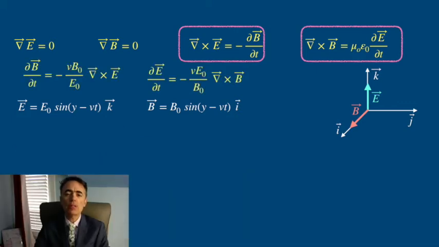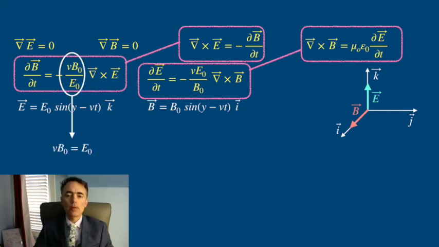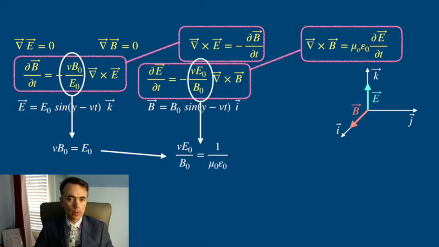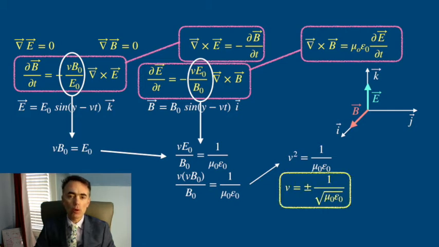We find that the condition that has to be satisfied so that these harmonic waves satisfy Maxwell's equations is that E naught equals v B naught. Which together imply that v is plus or minus 1 over the square root of mu naught times epsilon naught.